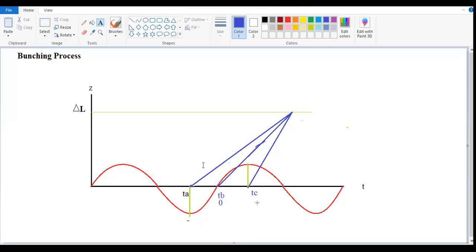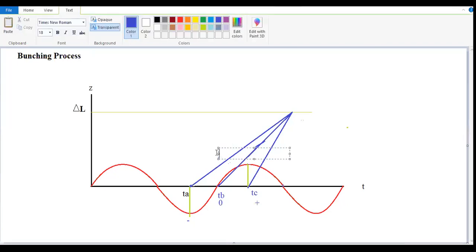So what happened? At TA, due to the negative, they repel each other, and the electron requires more time. You can see it requires more time. It starts from here and reaches here. So these electrons are slower. You can write here, these are the slow electrons. They are going slow.